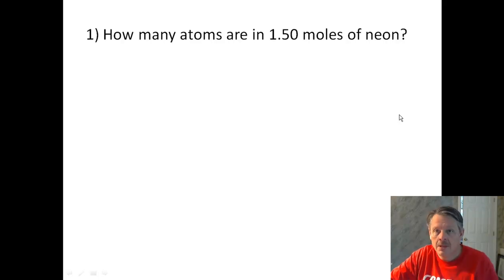Alright, how many atoms are in 1.5 moles of neon? Well, what we're doing is we're converting from moles to atoms. That means we use the 6.02 times 10 to the 23rd conversion factor.